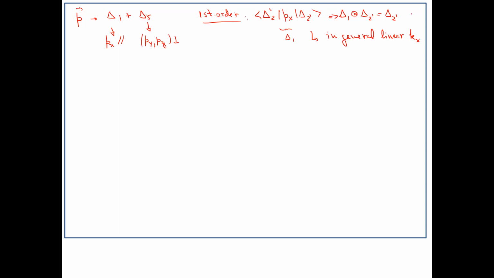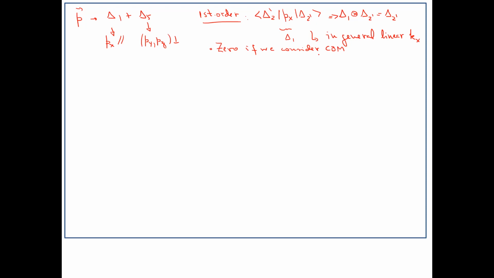Not because of group theory, but because it's the minimum. So this is zero if we consider the minimum, the conduction band minimum, CBM.